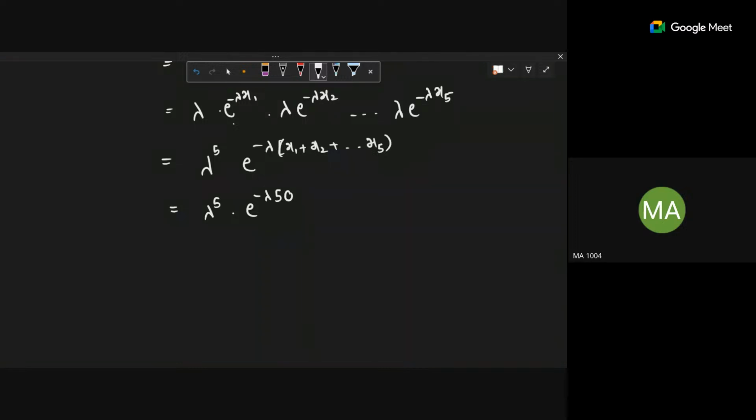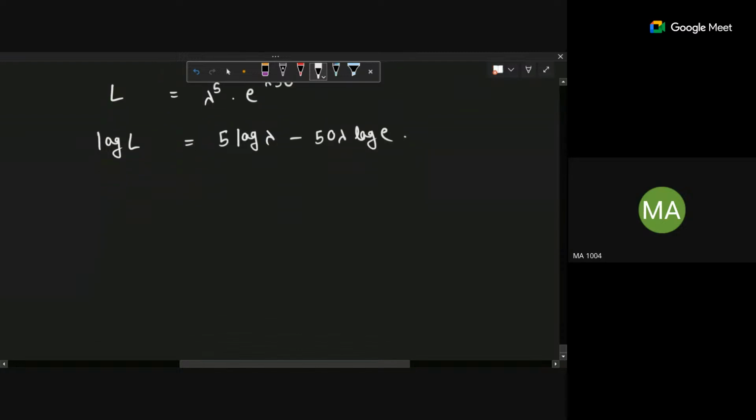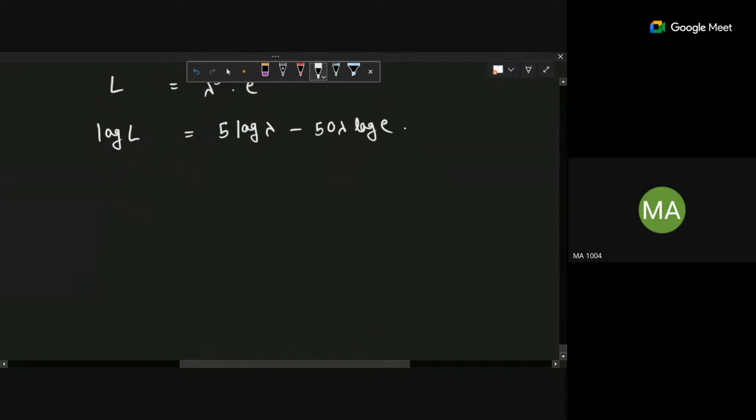Then the easiest task again, take log on both sides, so log of L. We'll take log and then differentiate it with respect to lambda. So 5 log of lambda minus 50 lambda, since log of e is 1. Now differentiate it with respect to lambda and equate it to 0.